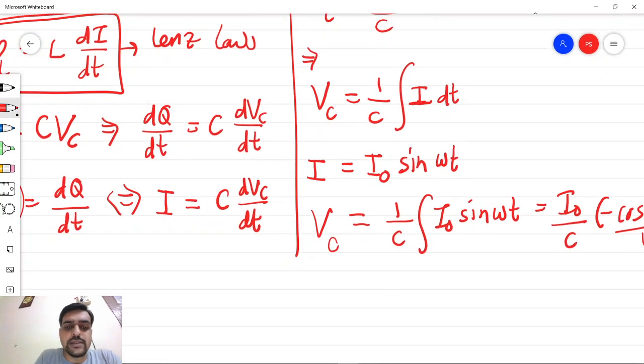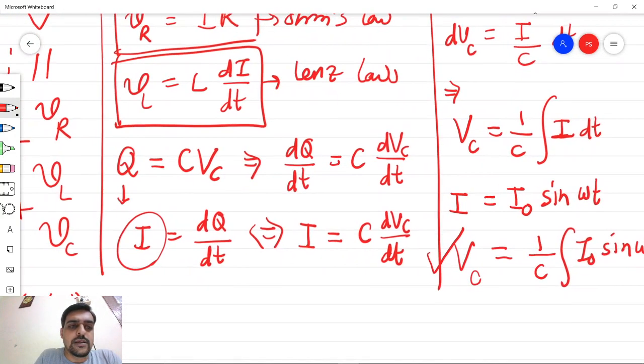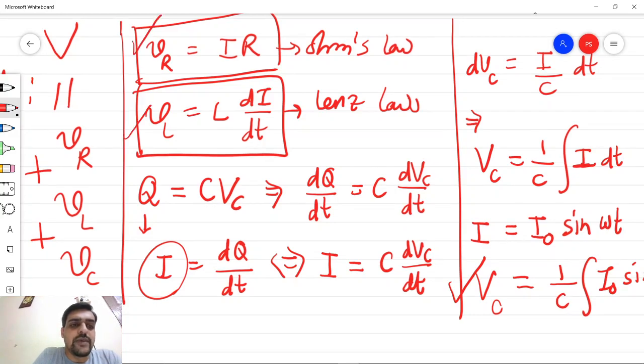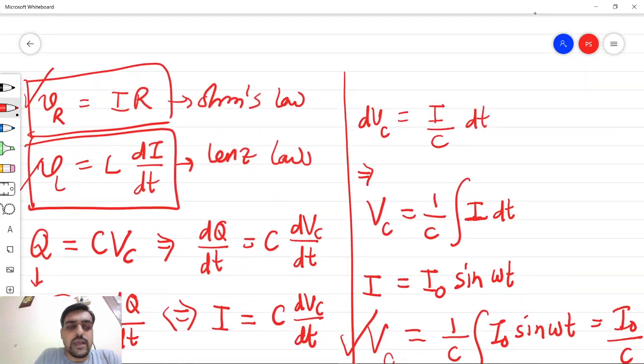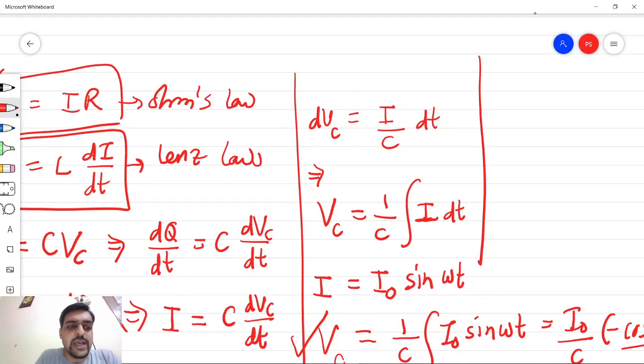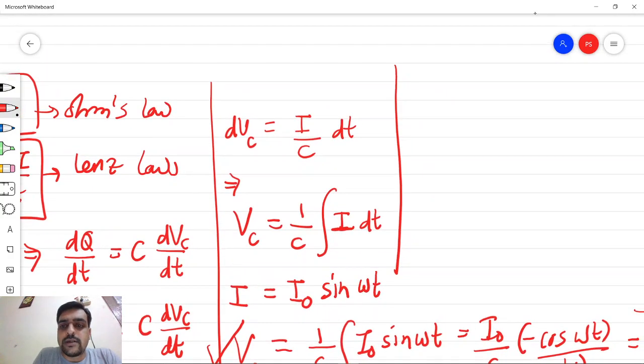Now we have with us the values of Vc, the value of VR, and the value of VL. We need to find out the value of VL. Further, VL is equal to L di by dt.